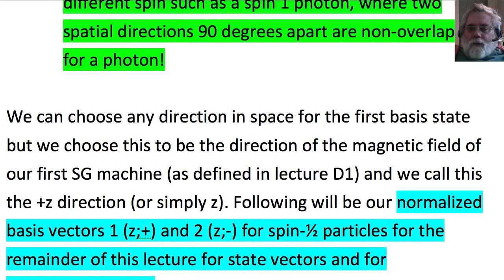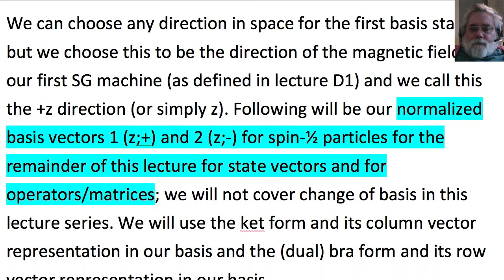We can choose any direction in space for the first basis state, but we choose this to be the direction of the magnetic field of our first SG machine, as defined in lecture D1, and we call this the plus Z direction, or simply Z. Following will be our normalized basis vectors 1, or Z plus, or Z up, and 2, Z minus, or Z down, for spin 1/2 particles for the remainder of this lecture.